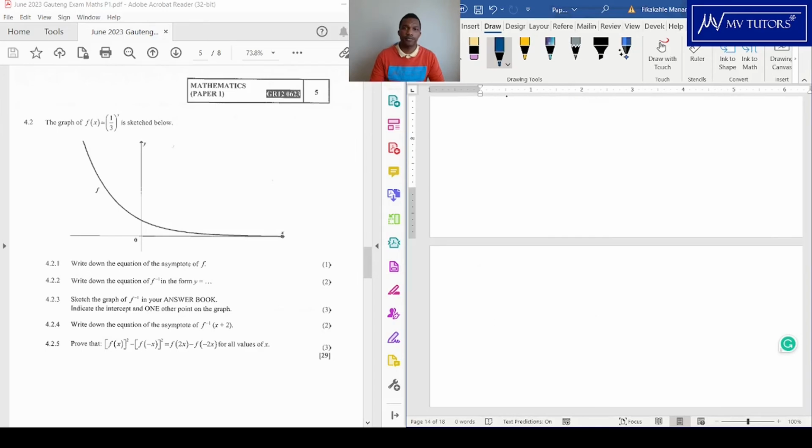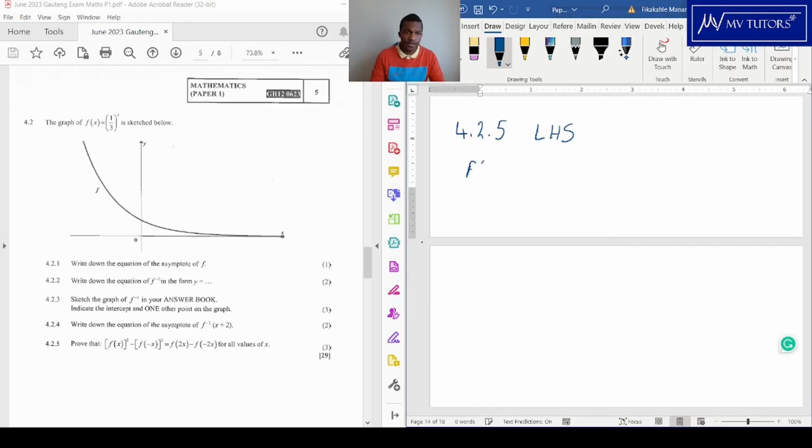That's it. All right, now this is the real final question, which is 4.2.5. Prove that that is equal to that. Okay, I'm just going to take the left. Every time they say prove, and there's a left-hand side and a right-hand side, you have to pick one of them and see what it gives you.